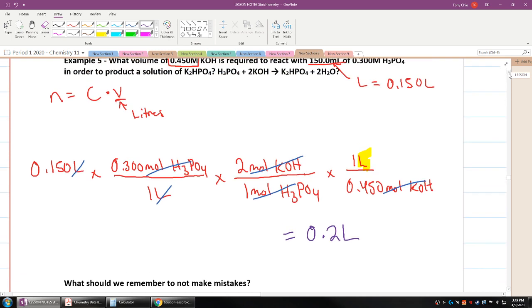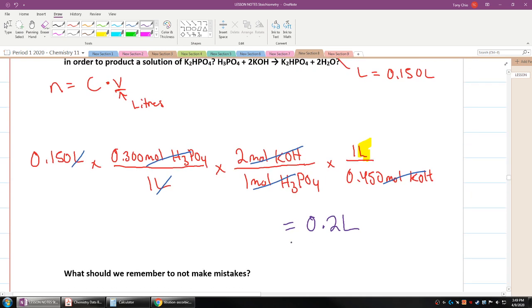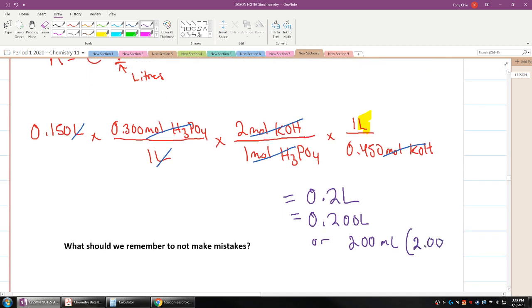For the correct number of sig figs, you need 3, so you get 0.200 liters, or 200 milliliters, which you write in correct sig figs as 2.00 times 10 to the power of 2 milliliters. So that is how you solve using titration.